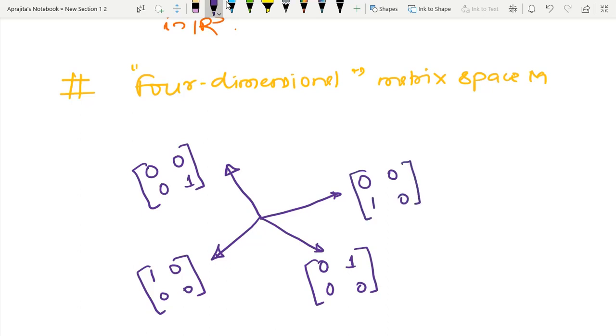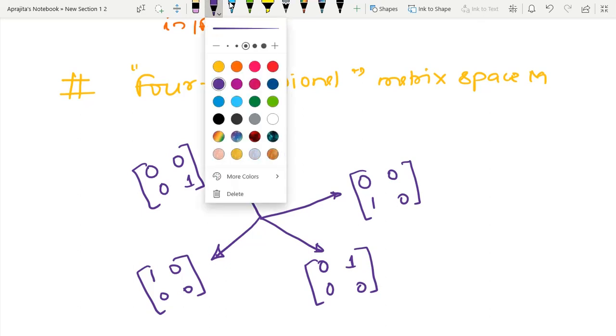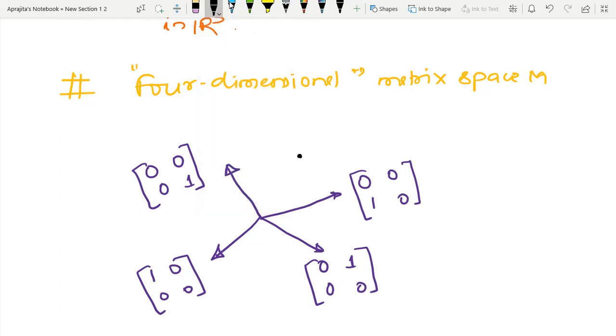So here order doesn't matter. And now suppose you have to draw any general point in this four-dimensional matrix space, then I can draw like this. Suppose I have to visualize this point in this space.